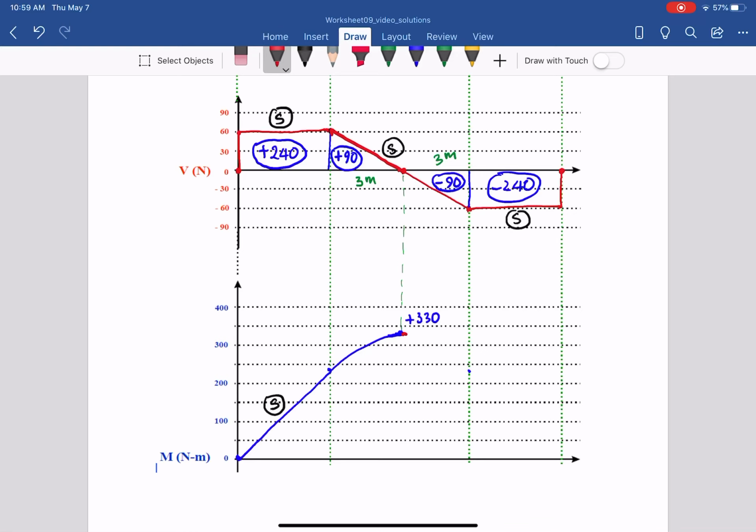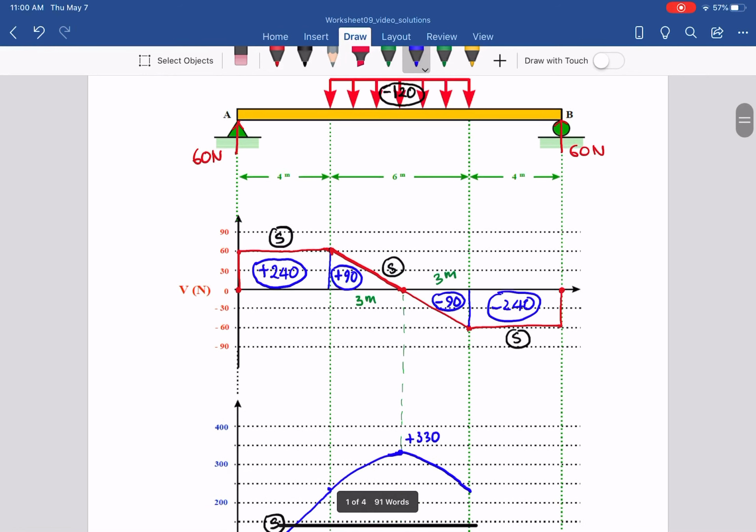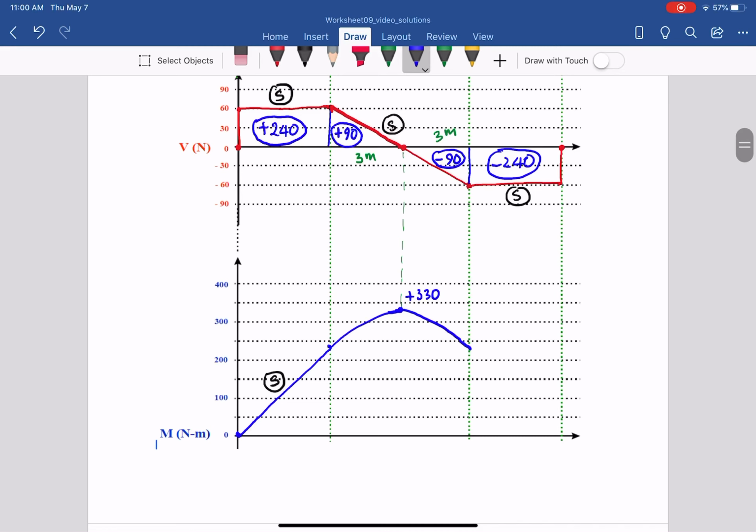So the slope, let's change the color, blue here, goes down, and then negative 240 with no distributed load, so the shear is the same. The slope equals the shear throughout, negative 60. So it goes down, from 240 to 0, and stops at 0 there.